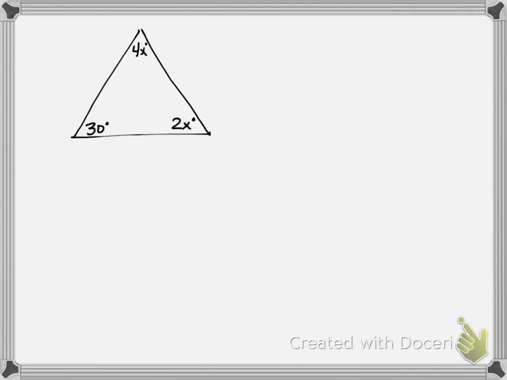Okay. Well, we've talked about the angles inside a triangle all add to equal 180. So 4x plus 2x plus 30 is going to all add together to give me my 180 degrees total. Okay, so this is 6x plus 30 equals 180.